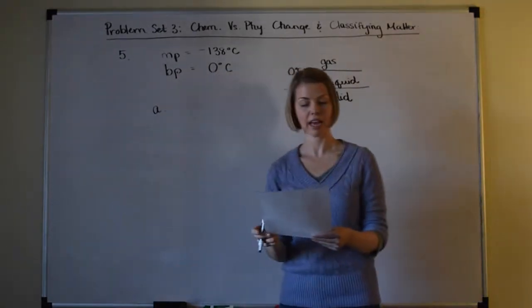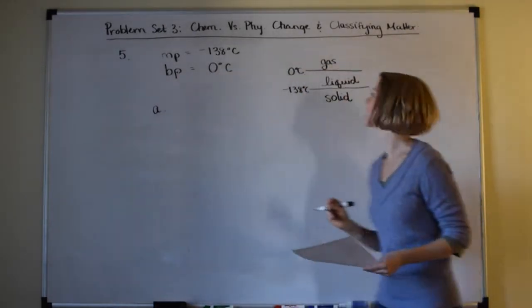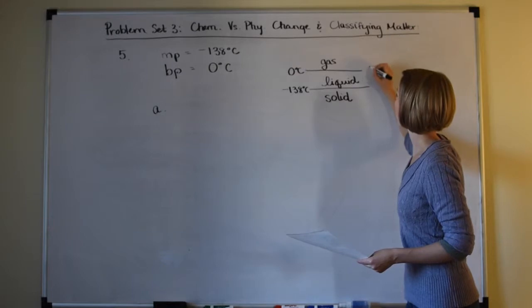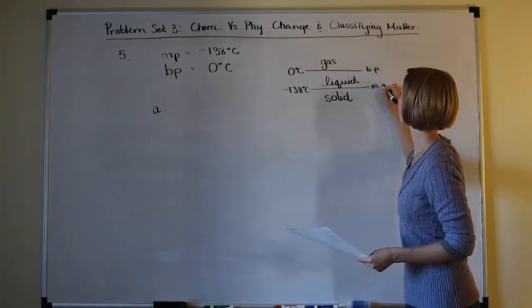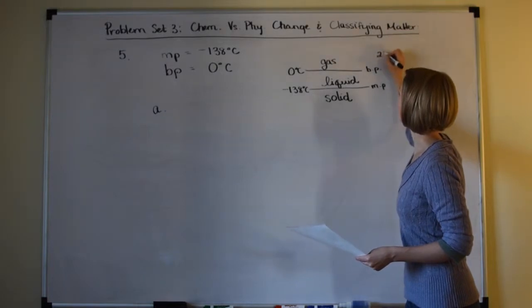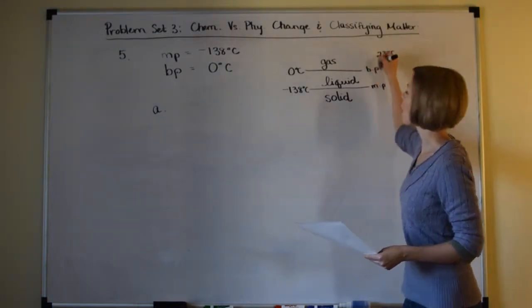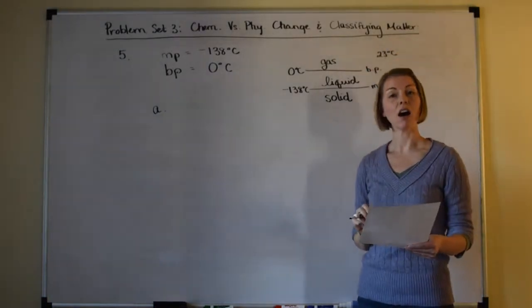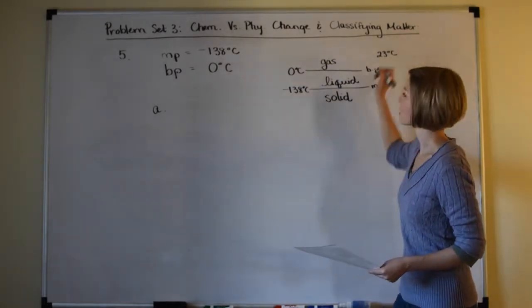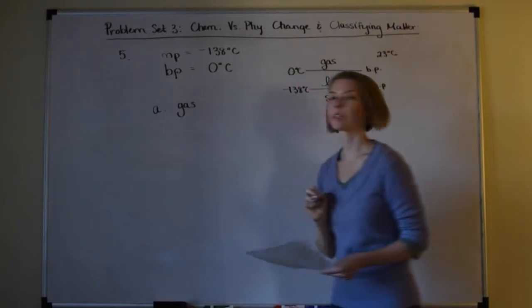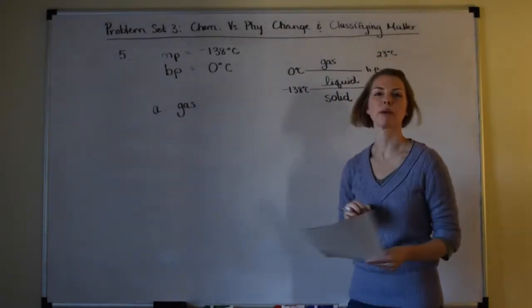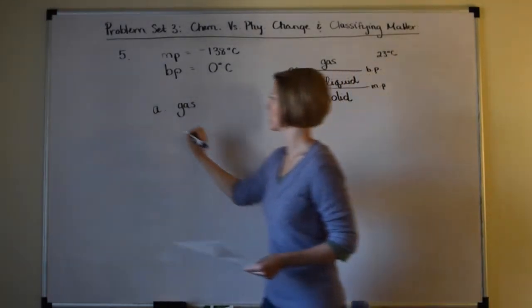Okay, so A, at 23 degrees Celsius, which would be above, we label that as BP and MP, melting point and boiling point. 23 degrees Celsius would be above the boiling point of butane. So at 23 degrees Celsius, we would expect butane to be a gas. Okay, so roughly room temperature.